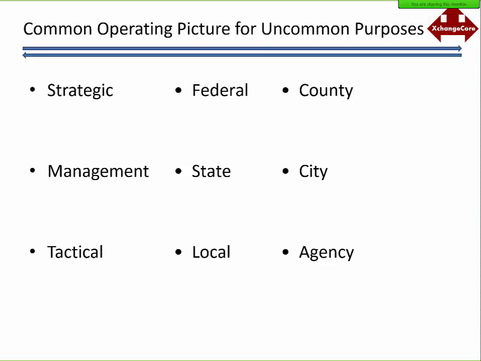A county, a city, an agency even are going to have different perspectives necessary. And that agency and its division and a unit that might be out on the field, whether it's a public works unit or a health unit, they're going to have a different requirement for what they want to see and know about an emergency than any of those other names on the map there.